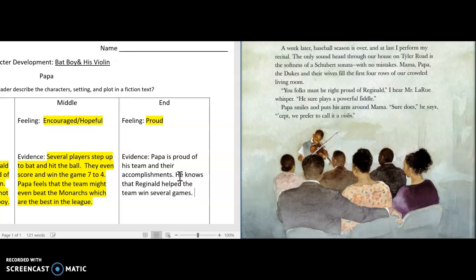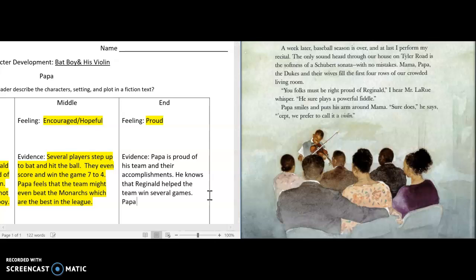Now, he's also proud of something else, not just the team and not just Reginald helping them, but he's proud of his son, right? He says that no matter what, he would love Reginald. And then he also puts his arm around Mama and says, yep, we call it a violin.